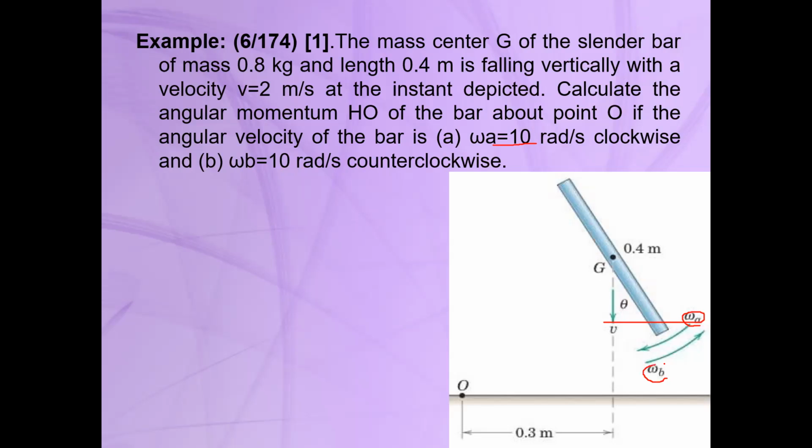So we have two different angular velocities. The magnitudes are the same, but the directions are different. We want to calculate the angular momentum about this point O.